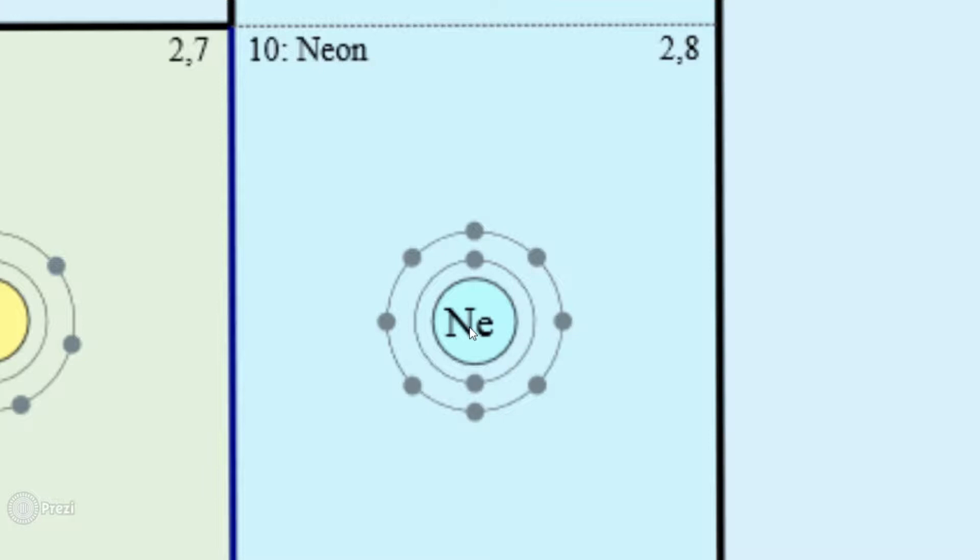You can see in the first shell, we have 1, 2 electrons. And in the outermost shell, we have 1, 2, 3, 4, 5, 6, 7, 8 electrons. 2 plus 8 equals 10. This is a deliberate pattern.